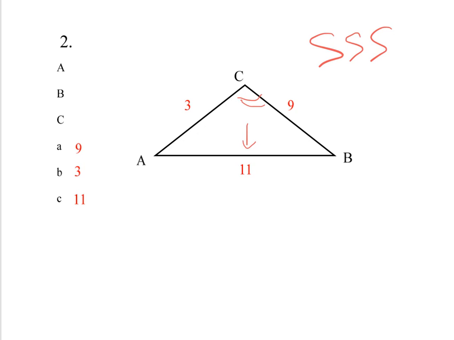So I'm going to use my law of cosines and write c squared, that's little c, is equal to a squared plus b squared minus 2ab cosine angle C. I'm going to solve this for angle C by plugging in what I know.